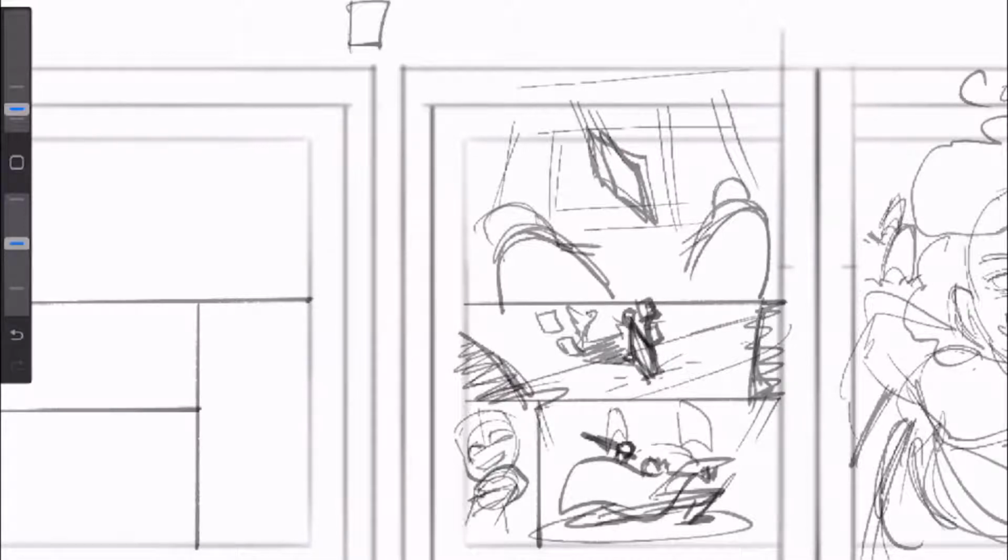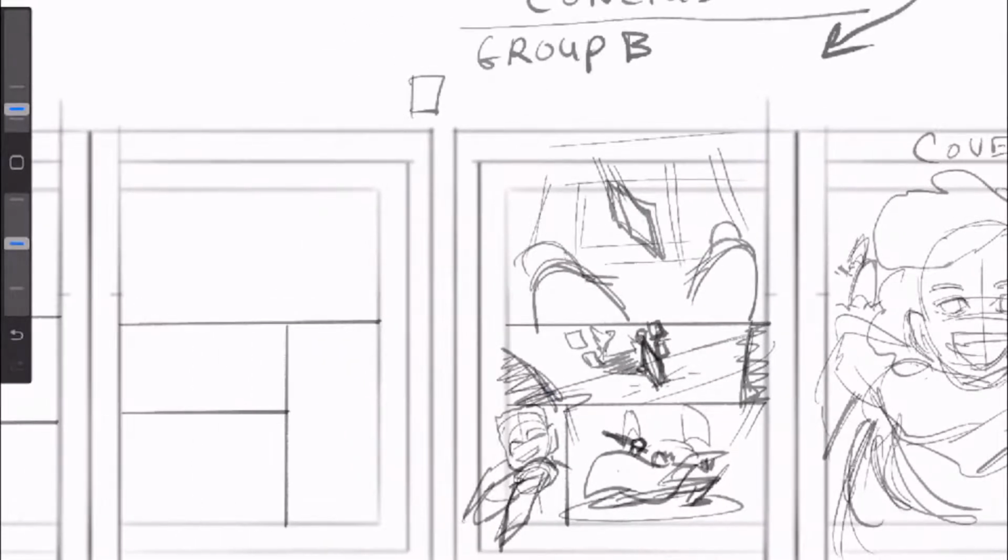And he has the knife coming towards the screen. Cool.